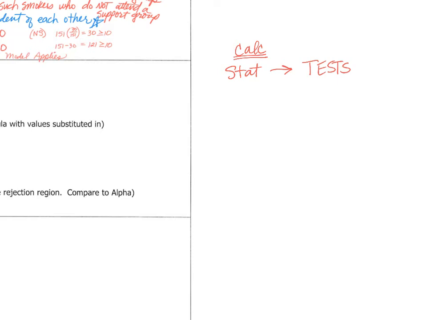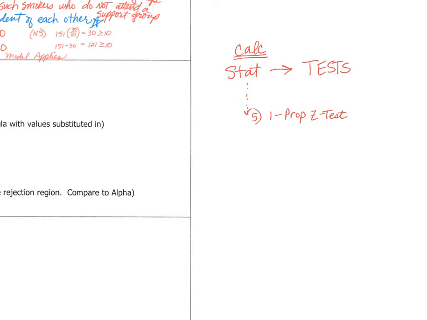If you don't have a calculator, go get one. Then you have a whole menu of items. Number 5 is interesting. What does number 5 say? 1 proportion Z test. Oh, you mean you could have been doing all of those ones that we've just done by hand?